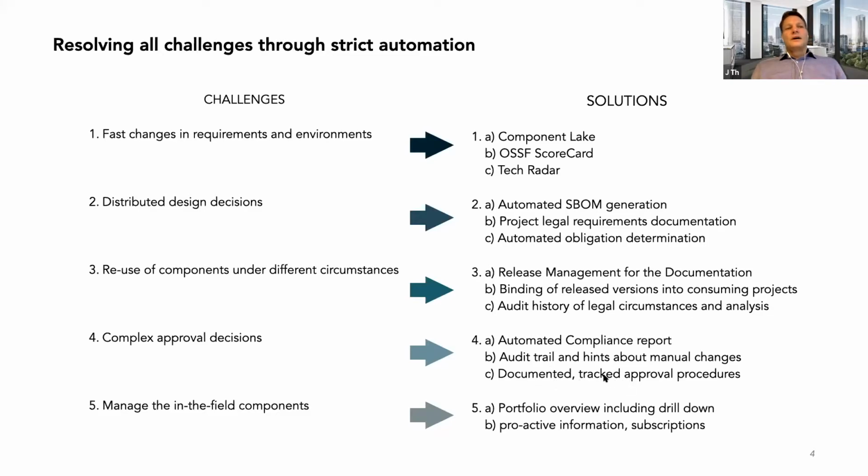Also, I think it's absolutely essential when you want to have certain accountability for the decisions that have been made, and you want to decentralize these decisions to make the scarce resource of a compliance manager capable of supporting a wider range of projects. Then you also need to make sure that approvals are trackable.